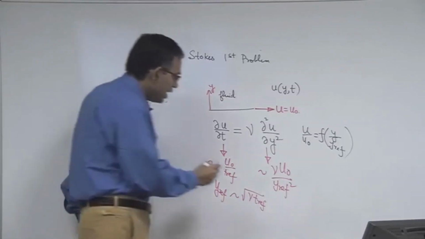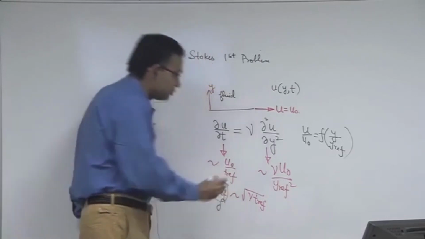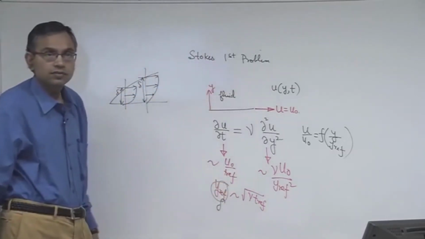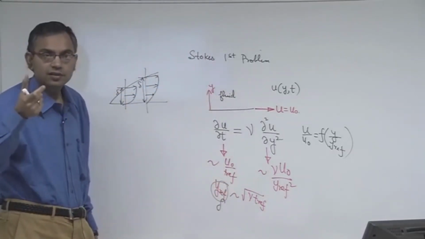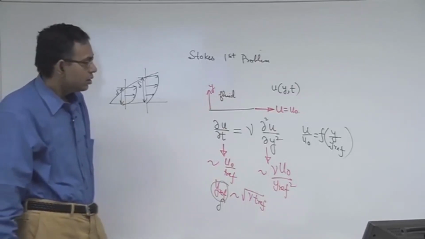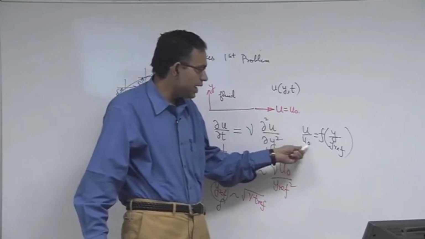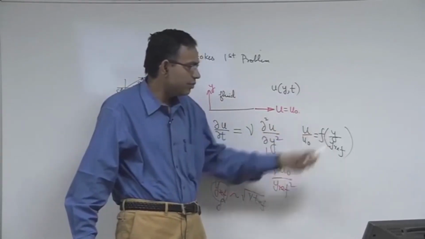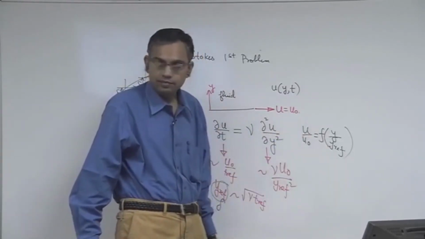Here the delta is the penetration depth, just like the boundary layer. So, u by u infinity, like u0 here, is a function of y by delta.